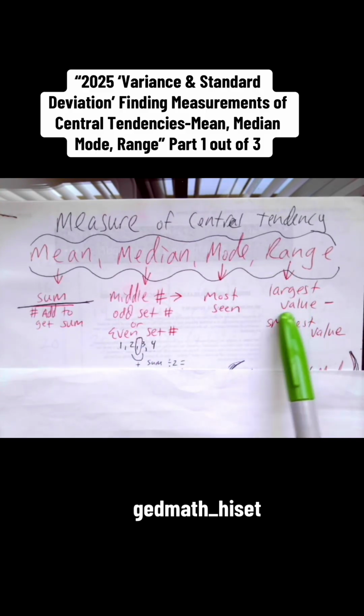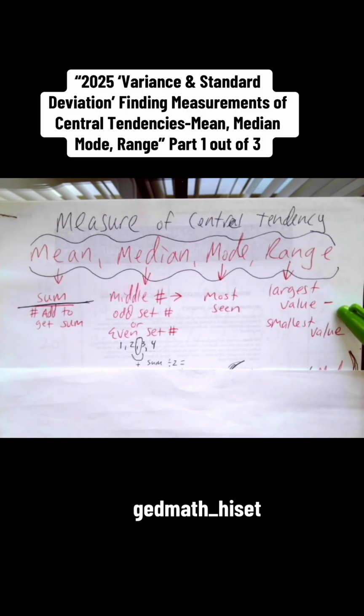And finally, your range, again, is the largest value and the smallest value. The difference between the largest value and the smallest value. Here in this example, data set 1 to 4, 4 minus 1 would be 3. So 3 would be the range. 4 minus 1 is 3: the largest value minus the smallest value gives you a range of 3.